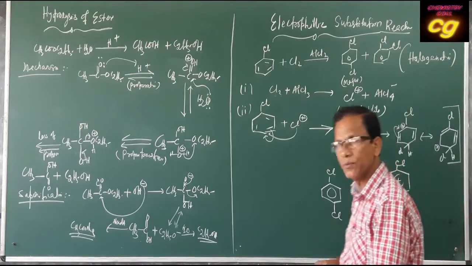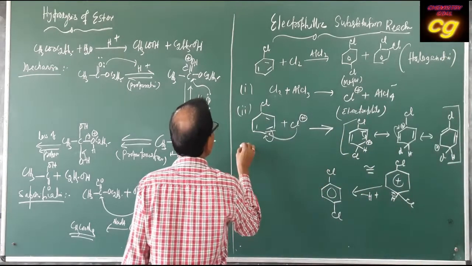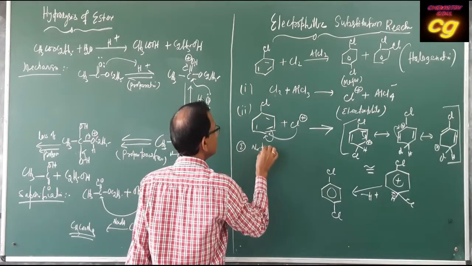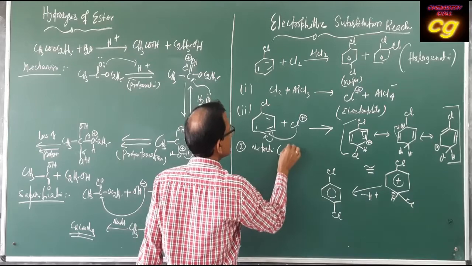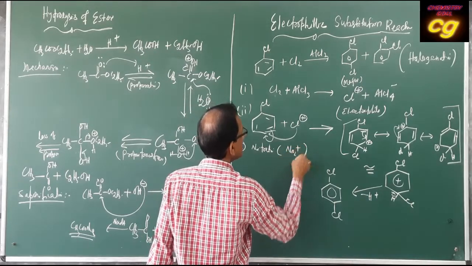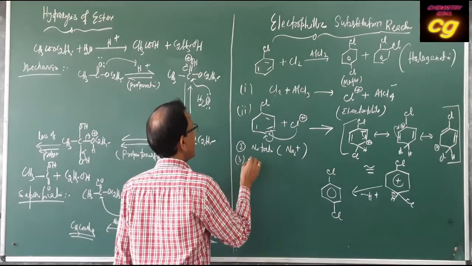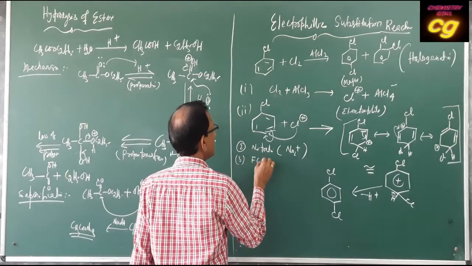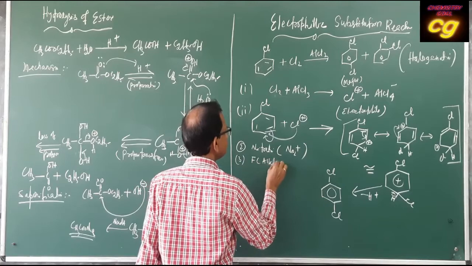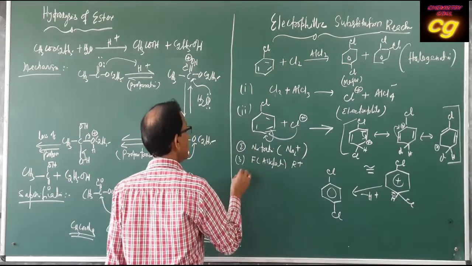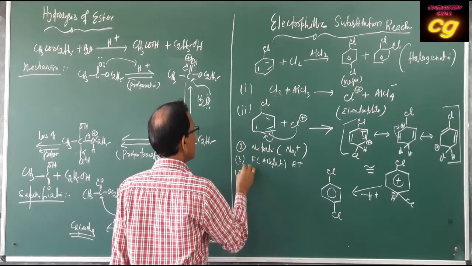So different types of electrophilic substitution take place. Nitration: NO2 plus will attack. Friedel-Crafts alkylation: your R plus will be used.